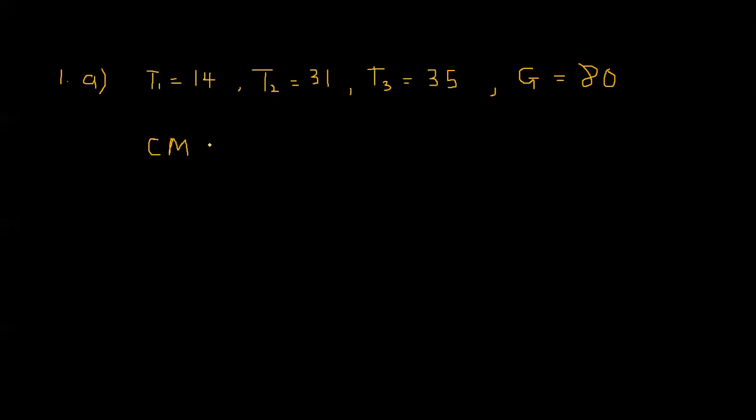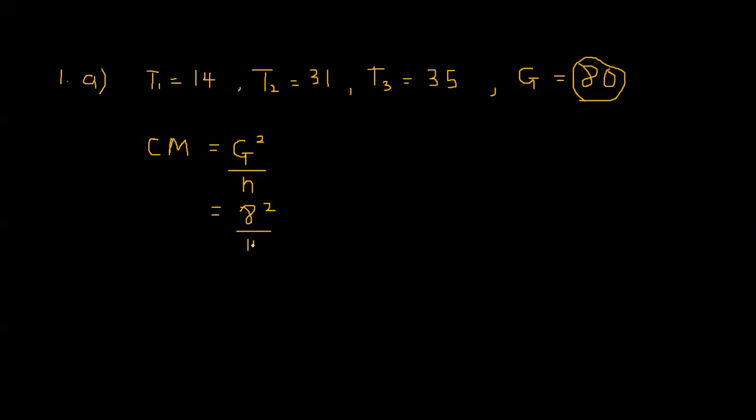The CM formula is the grand total squared divided by the total number of samples, or N. The grand total we got is 80. So 80 squared divided by the total value of N, which is 15.